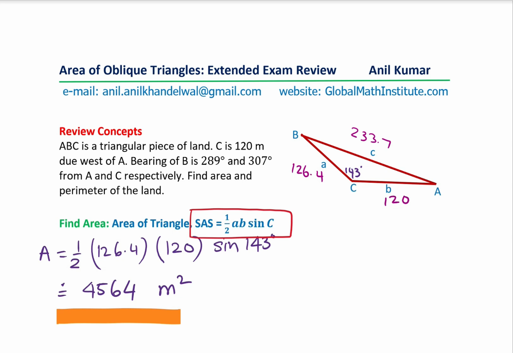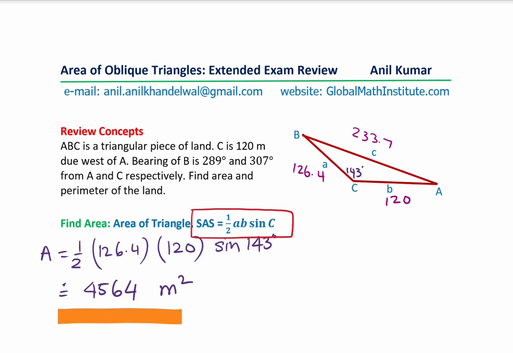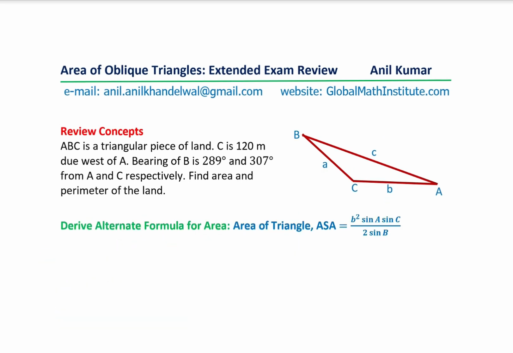Right? Now, let's also develop another formula because we had to find all the sides. Now let's develop another formula to calculate if we know the other combinations. We knew this combination, 120 was the given length for us, and we calculated this angle as 143.